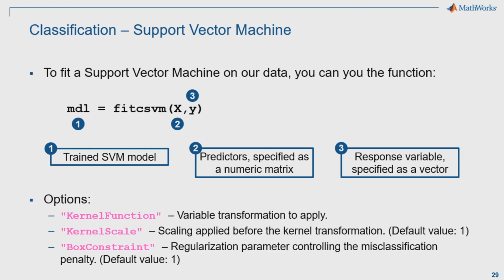Actually, I want to explain a bit more about this classifier, just to understand at least what these options do. In particular, one of these options is the kernel function. So you can specify different ways to map your data from the input space to the feature space to achieve a linearly separable problem.